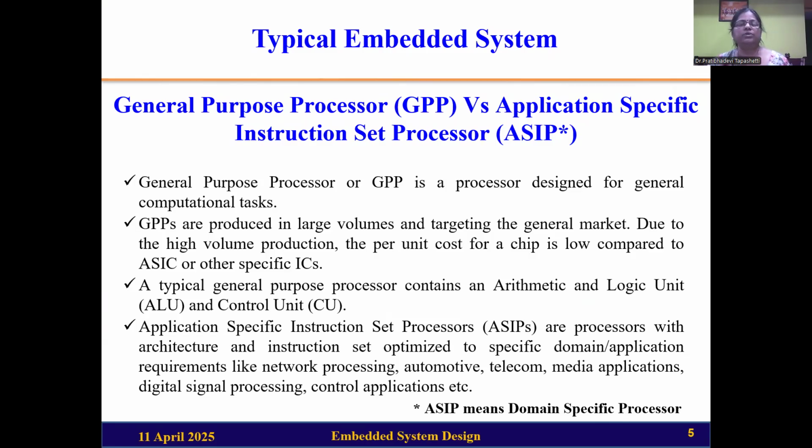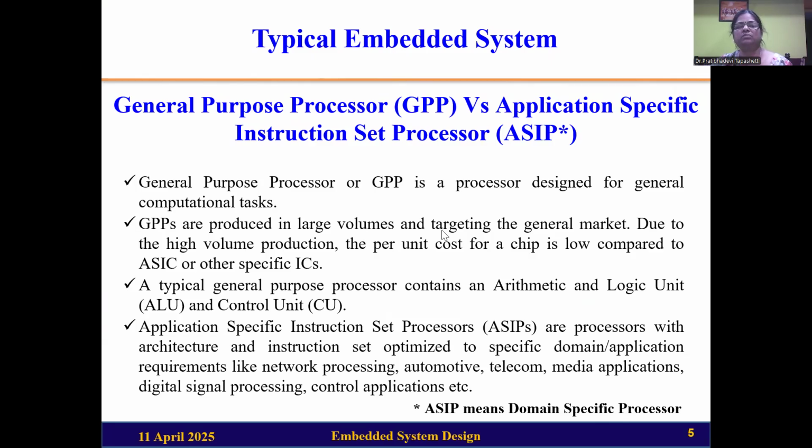So it is going to have the capability to do all the tasks or operations required for all the peripherals connected to it. The processor is not specifically meant to do any one task. So that is the GPP.